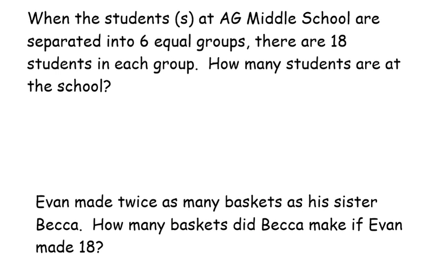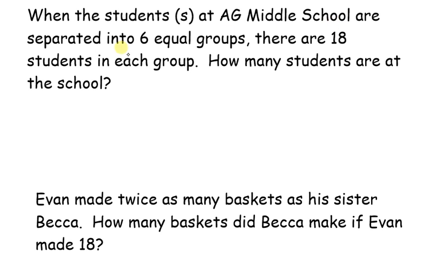Okay. When the students at AG Middle School are separated, that's going to be a key word, into 6 equal groups, there are 18 students in each group. How many students are at the school? So this word right here, are, is another form of is, and you should know that from language arts, okay?